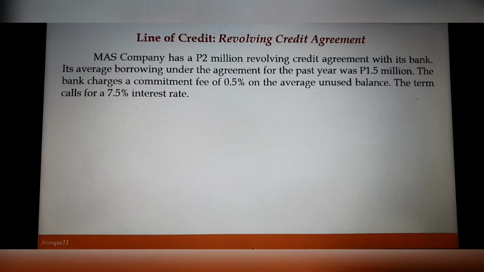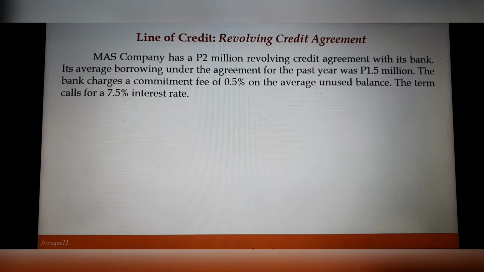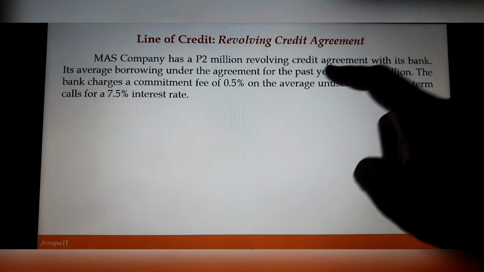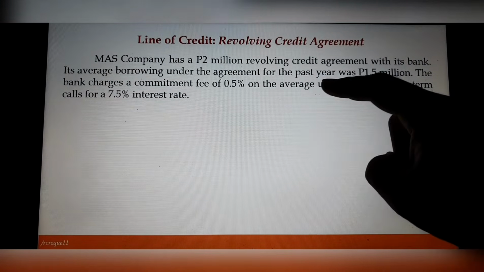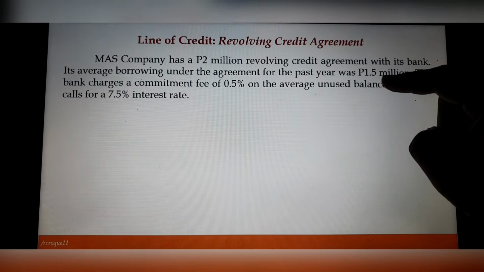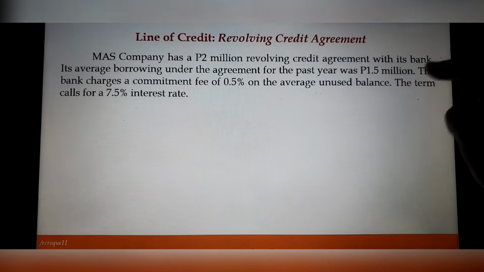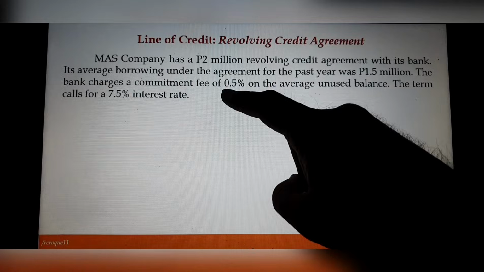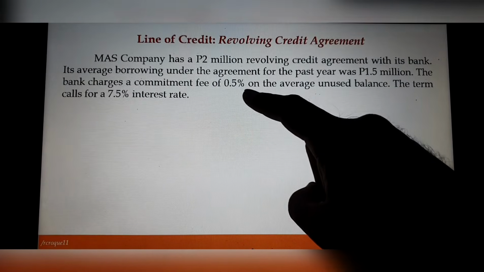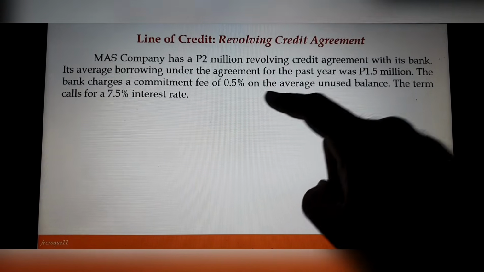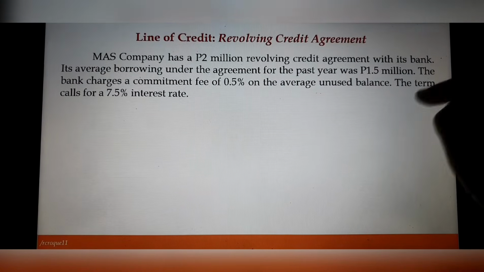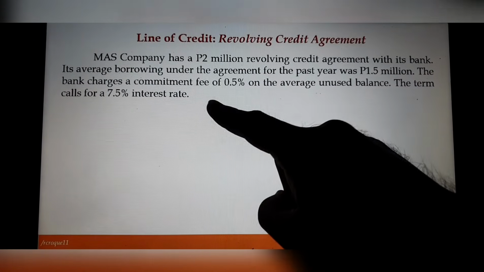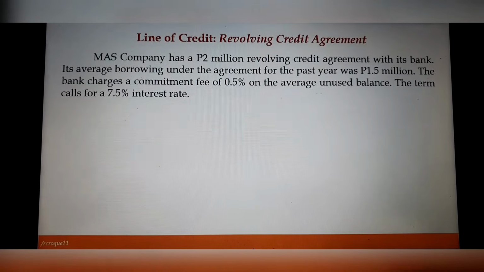Okay, let's take a look at this example. So, si MAS company has 2 million revolving credit agreement. So, sinabi ko kanina, the average borrowing under the agreement for the past year was 1.5 million. So, the bank charges a commitment fee of 0.5%. So, mababa lang naman on the average unused balance. So, the term calls for a 7.5% interest rate.